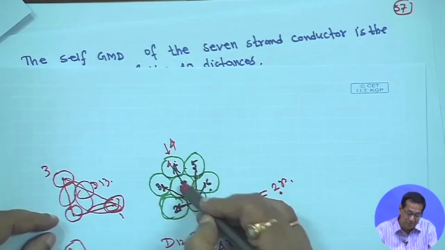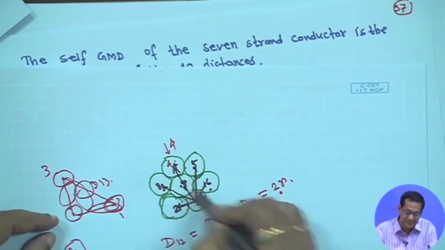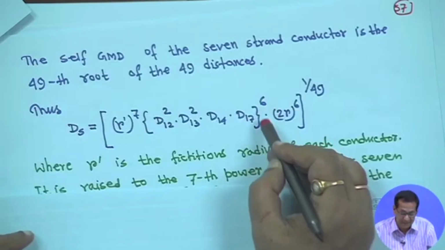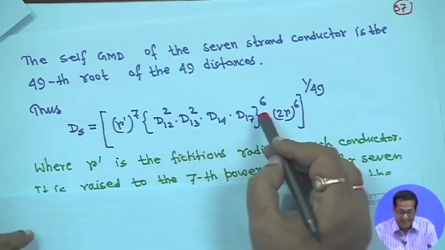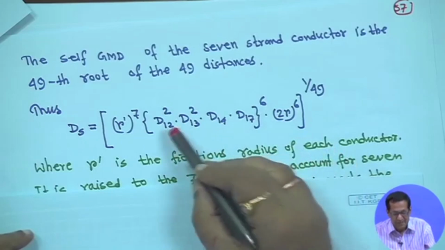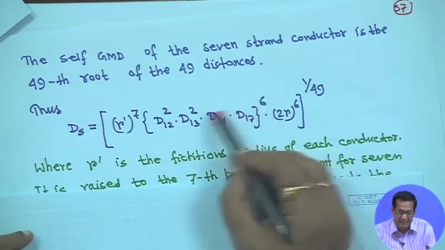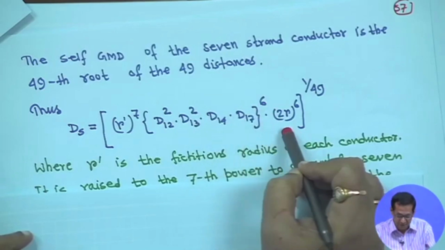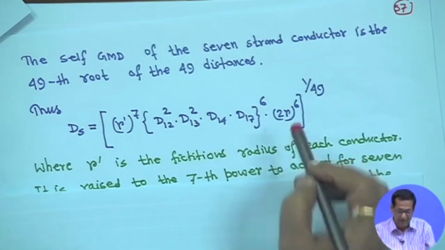So 1 7, 2 7, 3 7, 4 7, 5 7, 6 7 all are the same. So into d17 to the power 6, right. That means d12 square repeated 6 times, d13 also similarly square 6 times, then d14 once and d17 once, each to the power 6, into your d2r, right.